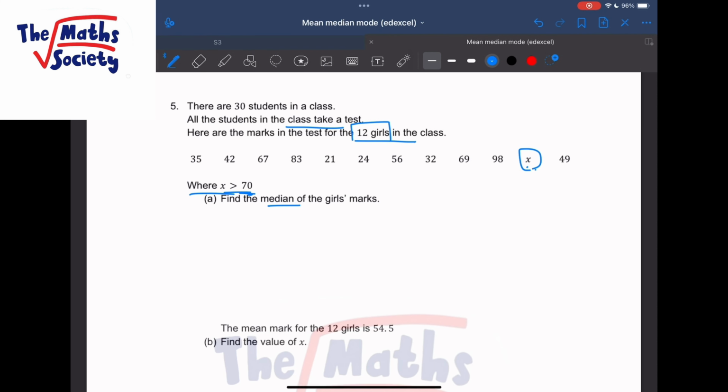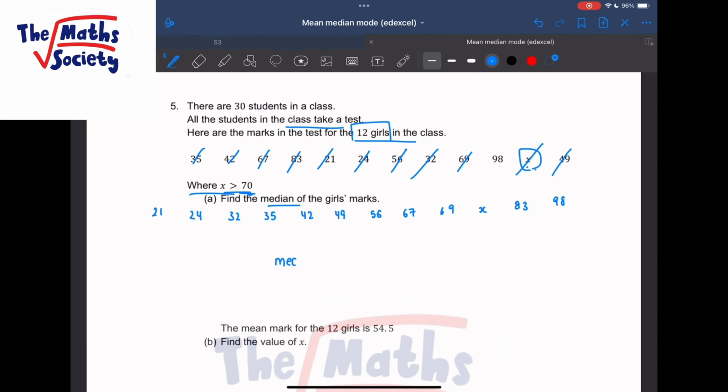So we'll try to reorder it first, starting with 21 and then 24, and then we have 32, then 35, and then 42, and then 49, and then 56, 67, 69, and then we know that x should be somewhere here, and then it is 83, and then 98, and then we need to find the median.